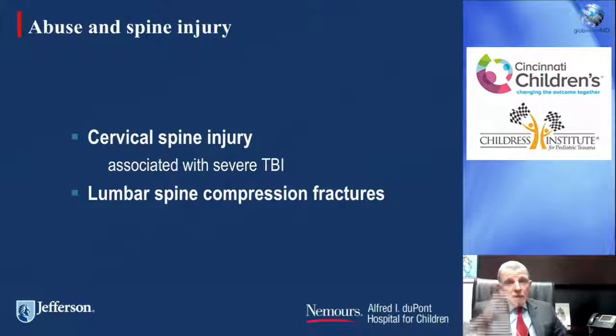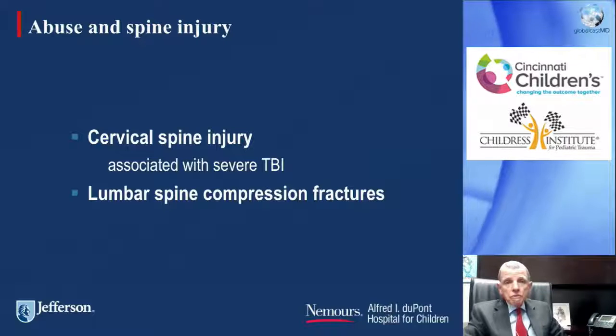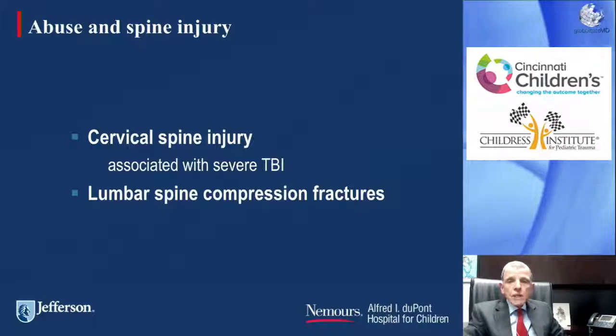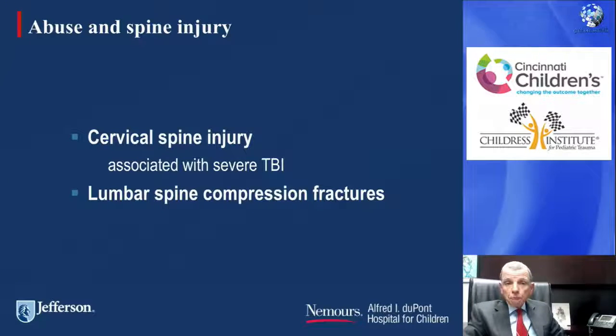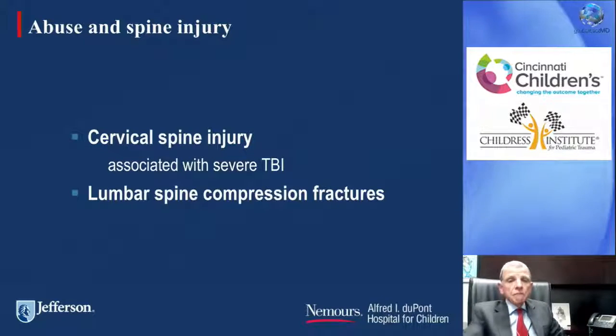A few words about evaluating abusive spine injury. We know from work in the last 10 years or so that cervical spine injury is fairly common among infants with severe abusive head injuries.